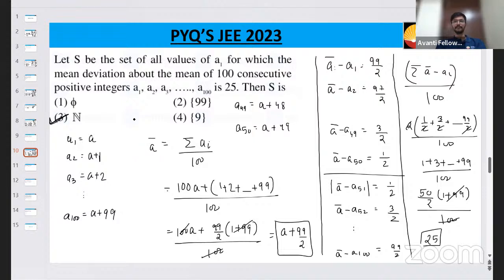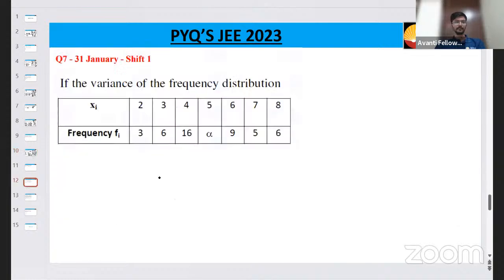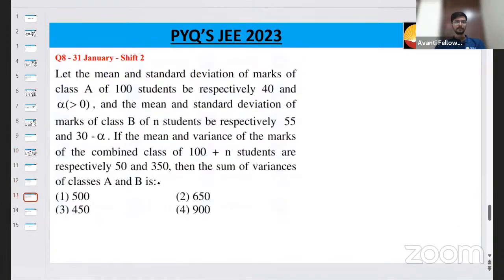Then S is a set of all natural numbers, because we got 25 for any A. Correct? Let's see the next one.